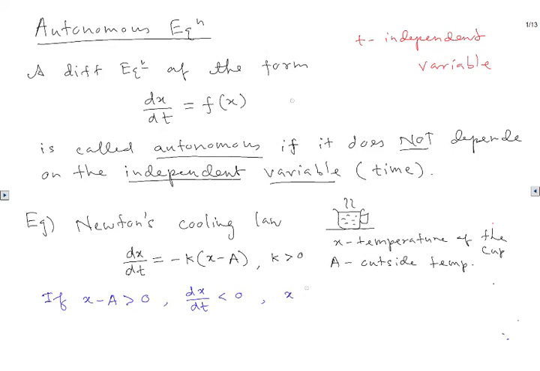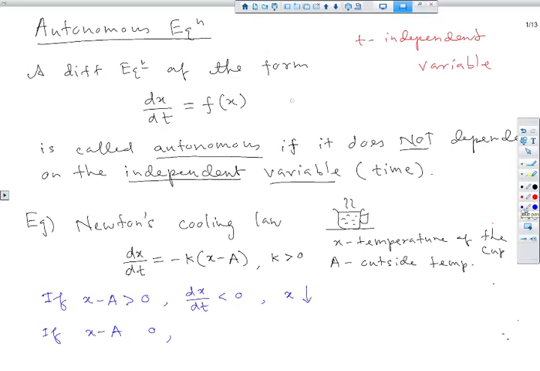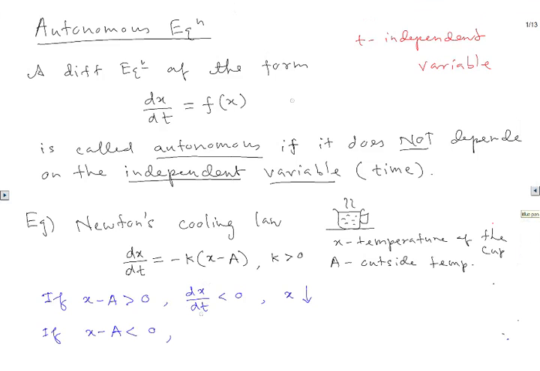Similarly, if x minus a is negative, the negative sign becomes positive, so dx over dt is positive, which means x is going to increase.